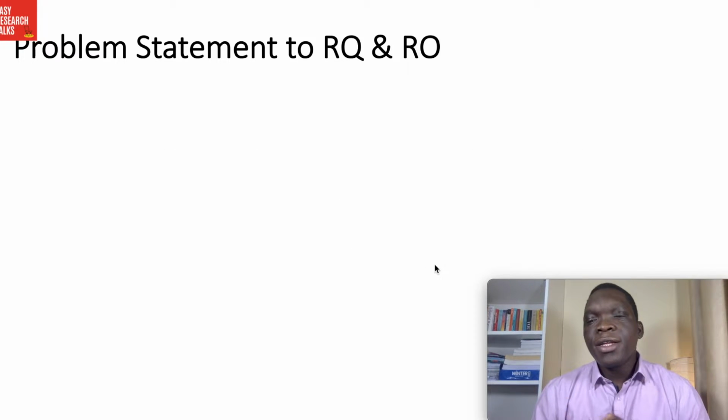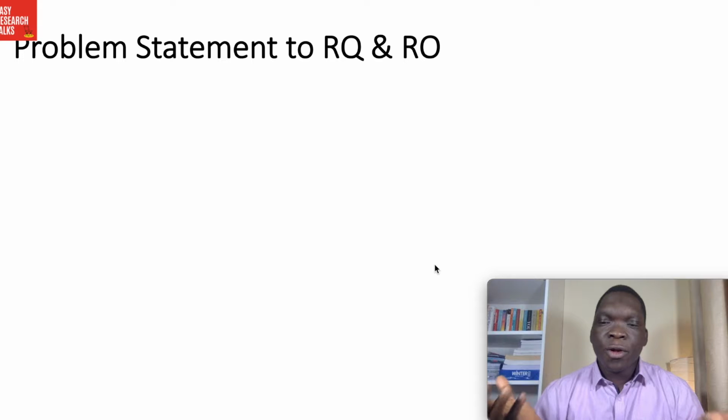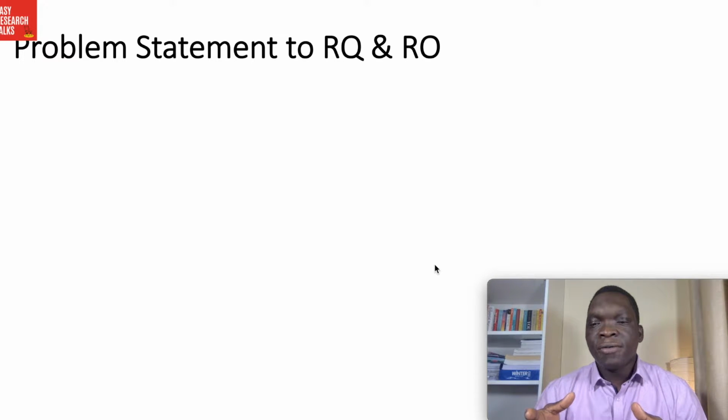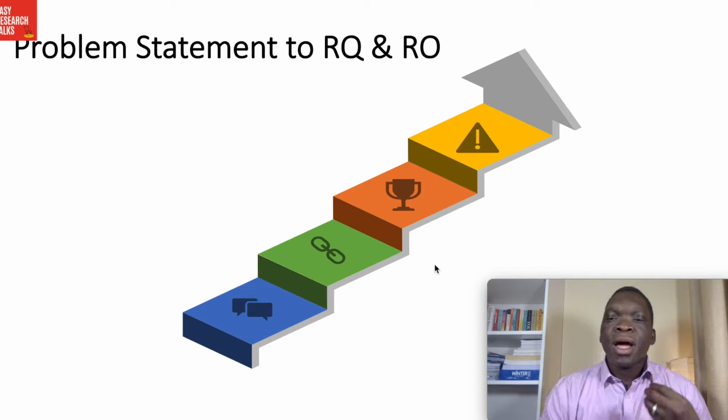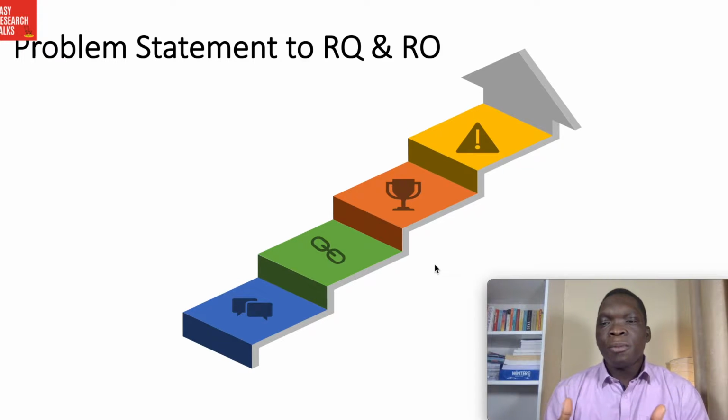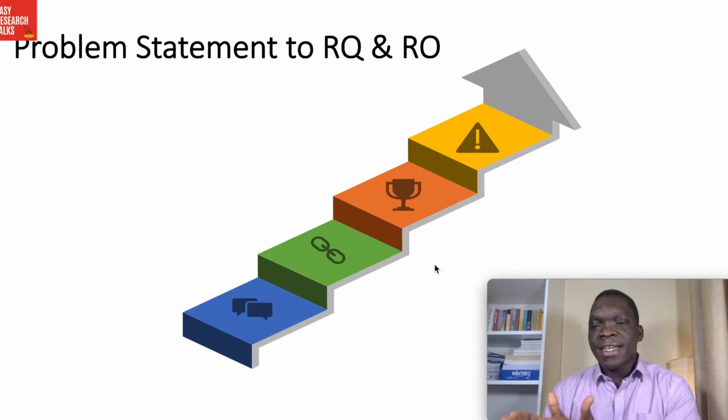So immediately you have a provisional topic like we said in our last discussion, the next thing you want to identify is the problem statement. So it's important to know how you can describe this problem that you have seen in your environment or the problems that you have noticed in the record of academic research that have been done in the area you have selected.